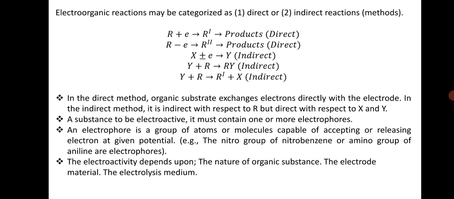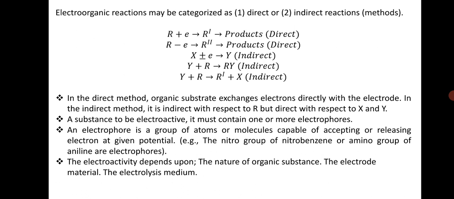For example, if you consider nitrobenzene, the nitro group can be called an electrophore. The amino group of aniline is also an electrophore. So the electroactivity depends upon the nature of the organic substance, the electrode material used, and the electrolyte taken.